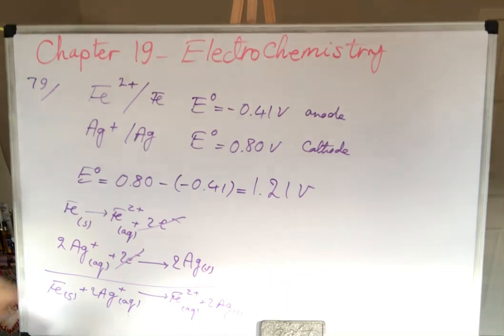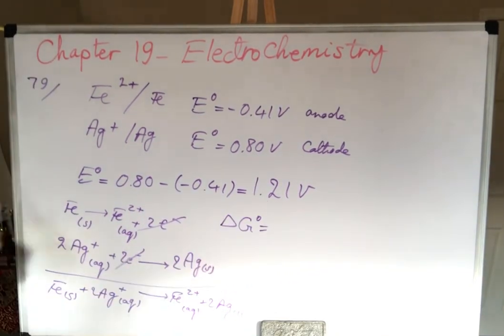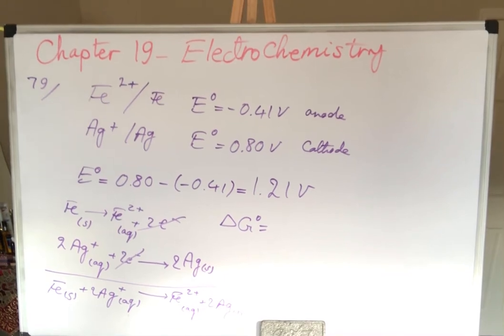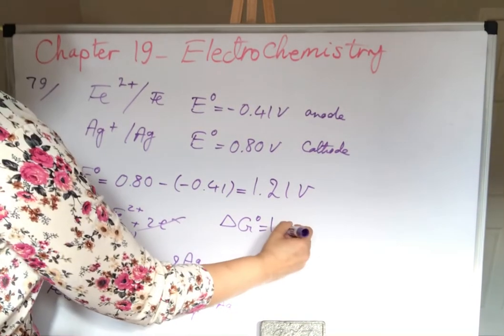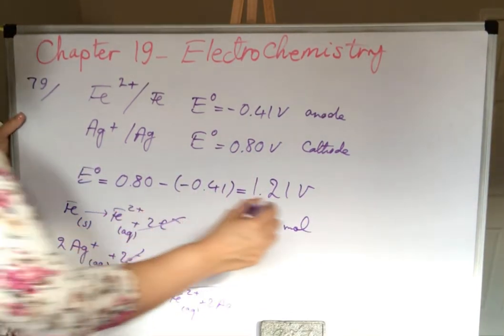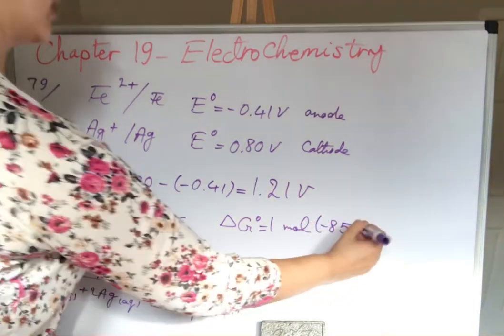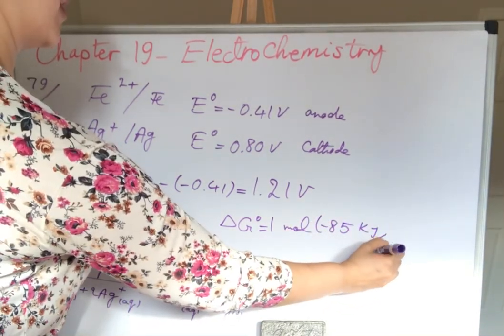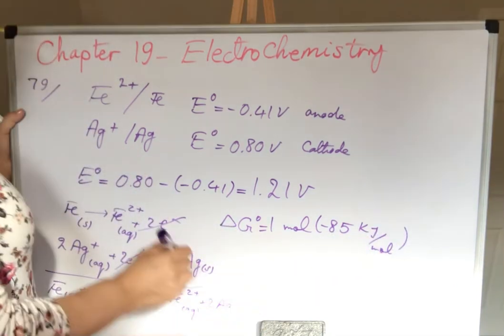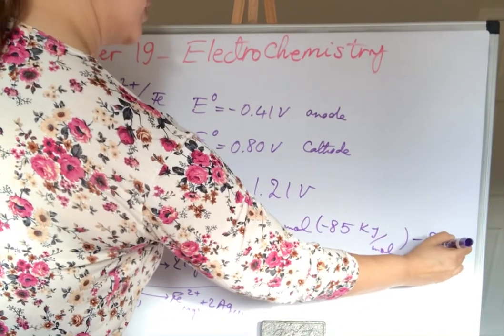And then delta G standard is going to be 1 mole times minus 85 kilojoules per mole minus 2 moles times 77 kilojoules per mole.